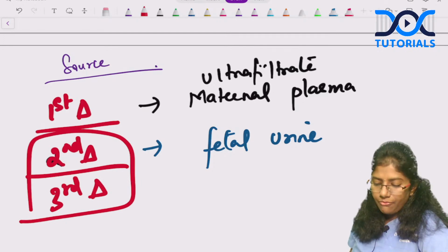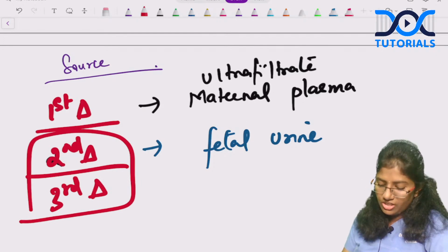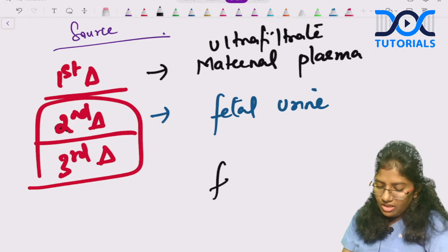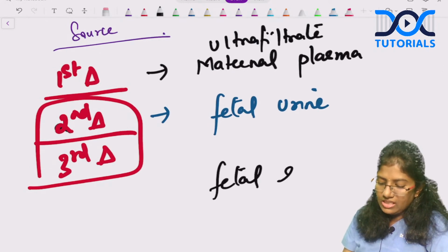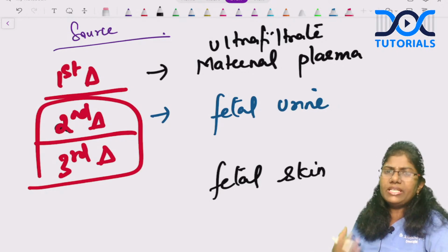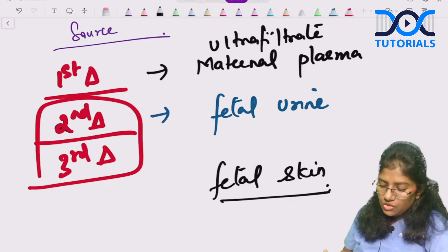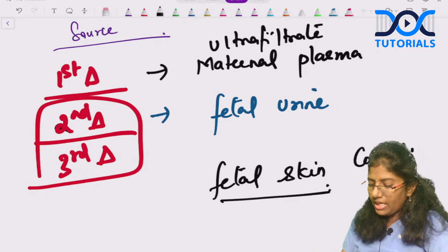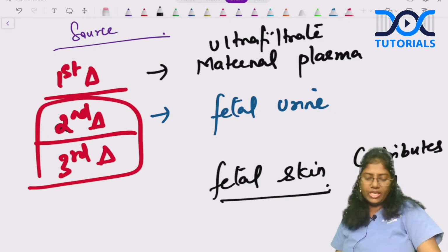Apart from the maternal plasma and the fetal urine, there is fetal skin. Please remember, fetal skin keratinizes at 20 weeks and stops contributing beyond 20 weeks. So fetal skin contributes only up to 20 weeks of pregnancy.